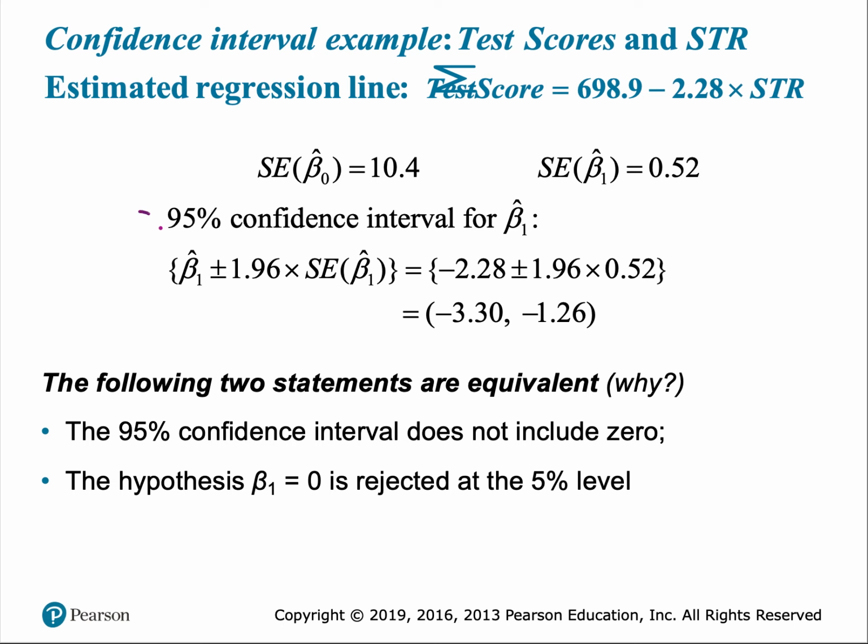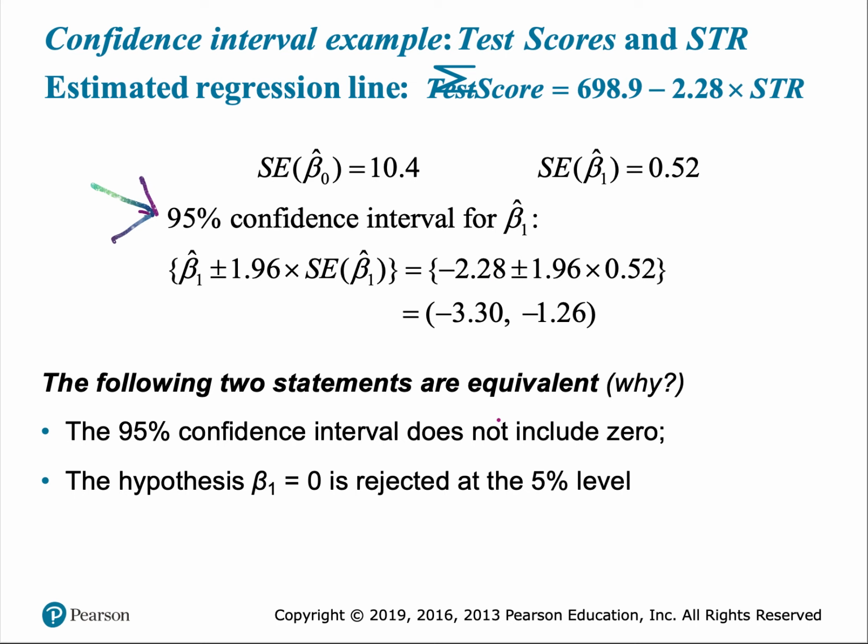So we can construct a 95% confidence interval for the slope. Beta 1 hat plus or minus 1.96 times the standard error of beta 1 hat. That's negative 2.28 plus or minus 1.96 times 0.52.